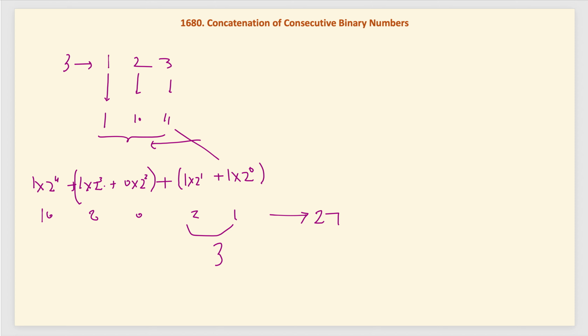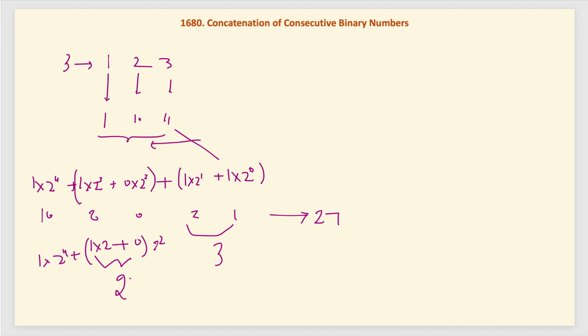What we can do is take out 2 power 2 as common in these two terms. So we can write 1 times 2 plus 0 times 2 power 2, correct? And this one is 1 times 2 power 4. So this we can write again, this is 2.